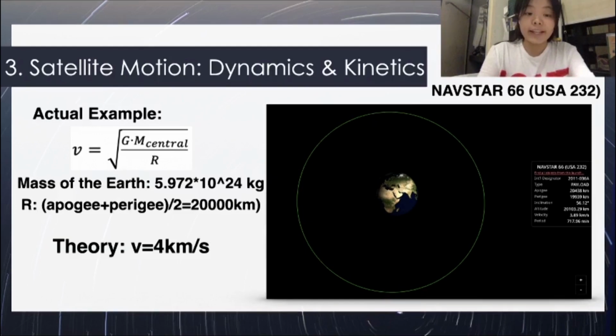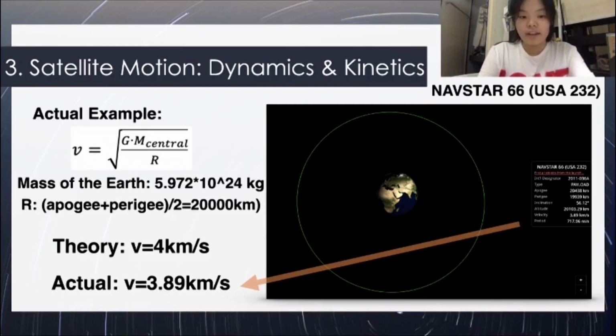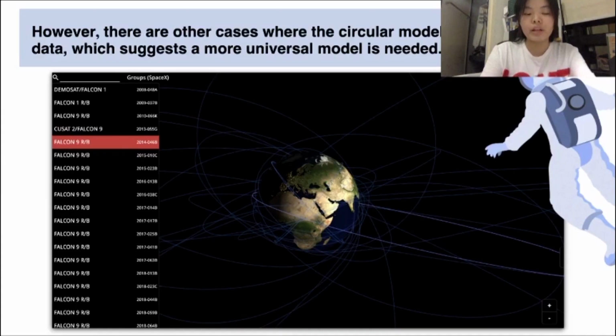After calculation, the theoretical v is 4 kilometers per second, and from this picture the actual velocity is 3.89 kilometers per second. It's really close, so we can conclude that our model fits the motion. But as the picture here shows, there are other cases where the circular model does not fit the actual data, which suggests that a more universal model is needed.